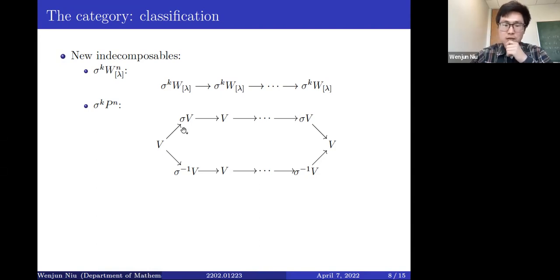And this Pn just means this n self-extension of P that is expressed in terms of this long diamond. And similarly, this W lambda used to be a simple module and used to be a projective as well in the smaller category, but now once I enlarge, it has iterated extensions.